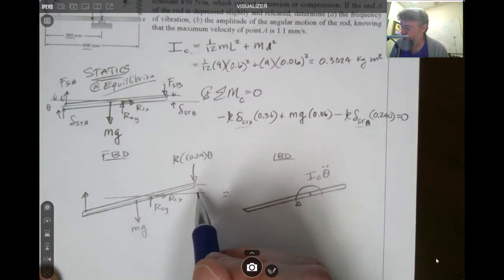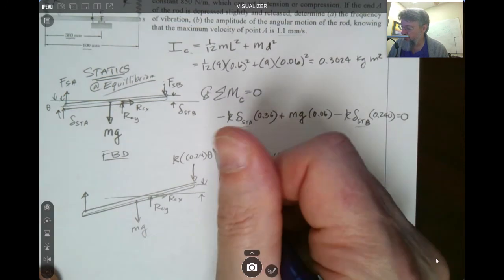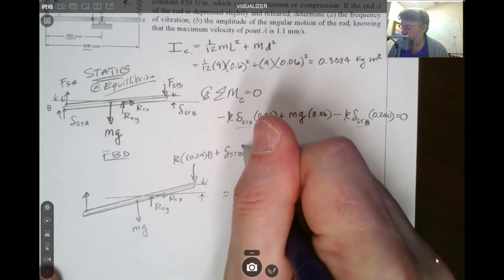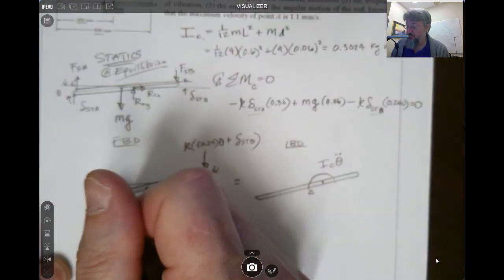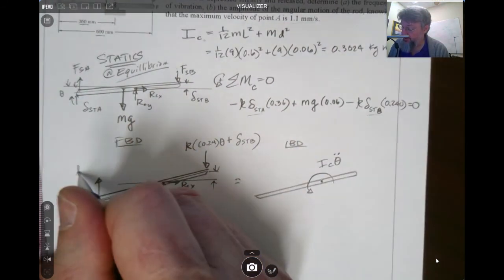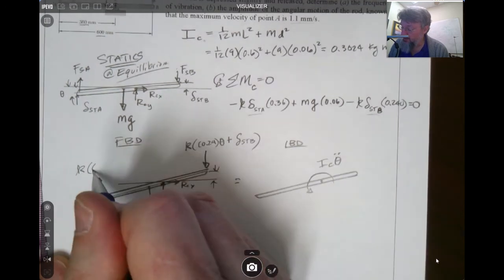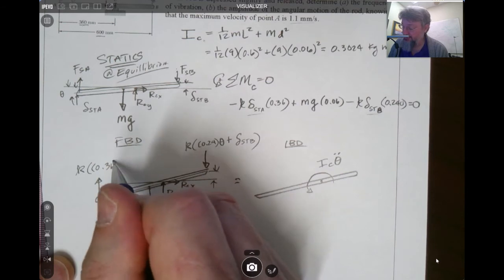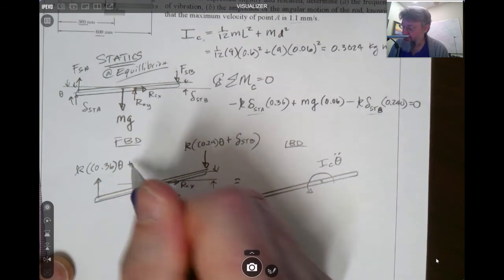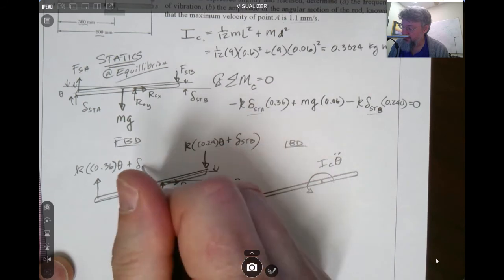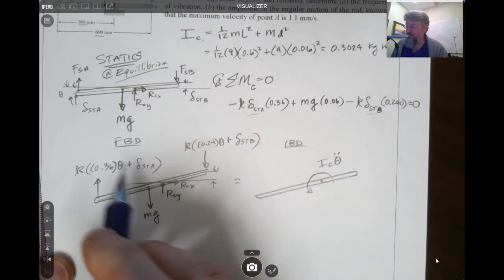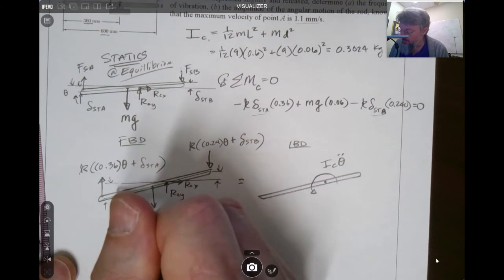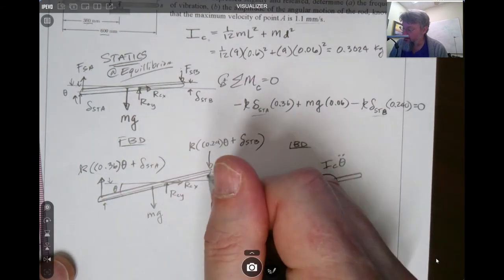So that's going to be the deflection this thing has moved, but also plus the static deflection at B. And then this force right here is going to be K times 0.36 theta plus the static deflection at A, right? So there's the deflection, so this is going to be that distance right there with a theta in here, and with a theta in there.